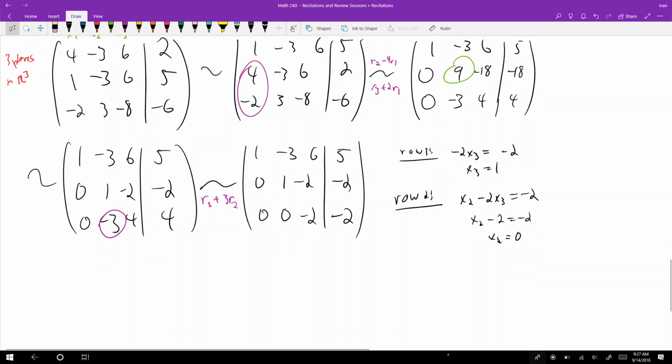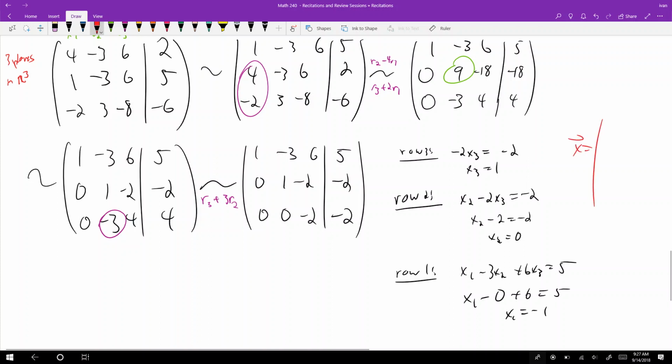And then from row 1, x1 minus 3x2 plus 6x3 is equal to 5. So this is x1 minus 0, since x2 is 0, plus 6 is equal to 5. I'll get x1 is equal to negative 1. And so my solution then is going to be negative 1, 0, 1.